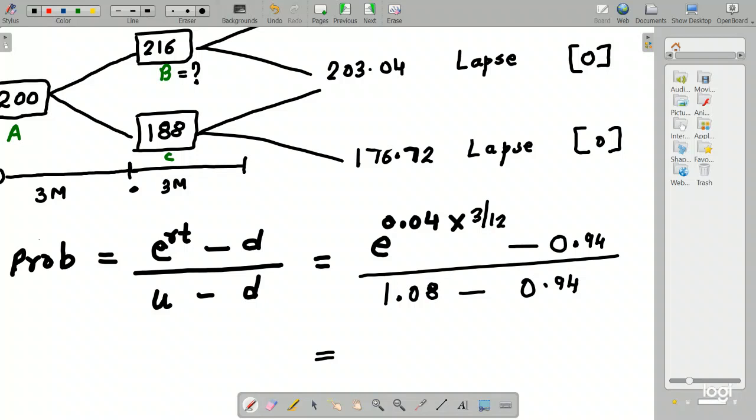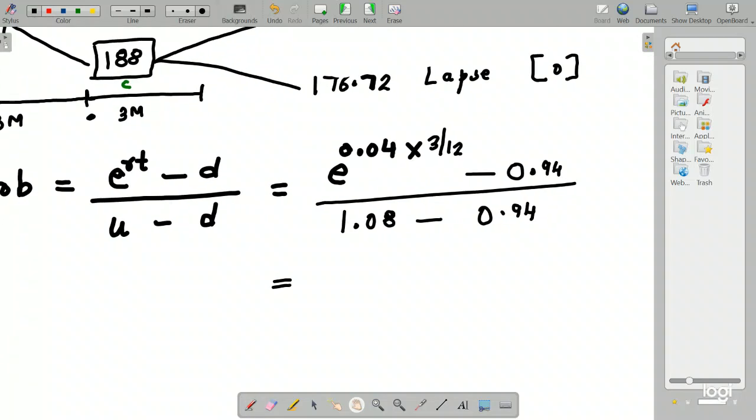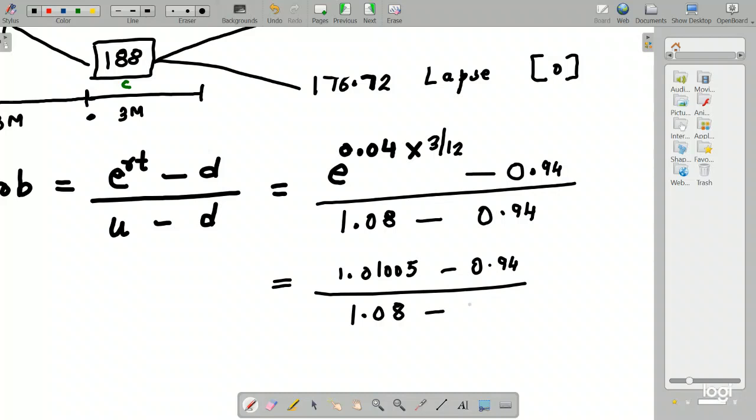Okay, so here I'm doing it all by basic steps, one by one. So if I solve the exponential, I'm getting this. Then I have 0.94, 1.08 minus 0.94.